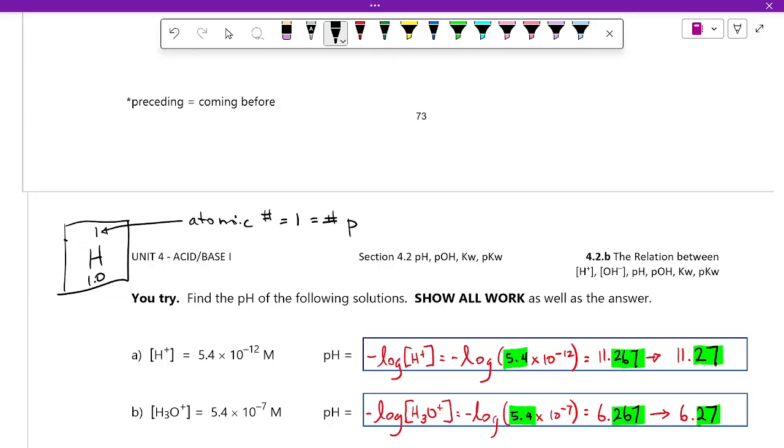On average, how many neutrons does it have? What are the particles in an atom that have significant mass? Neutrons and protons. Only protons and neutrons have significant mass. So, what is the mass of one proton?